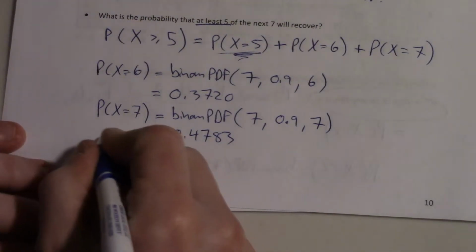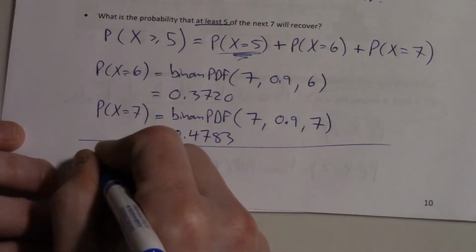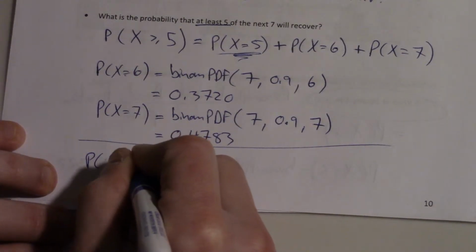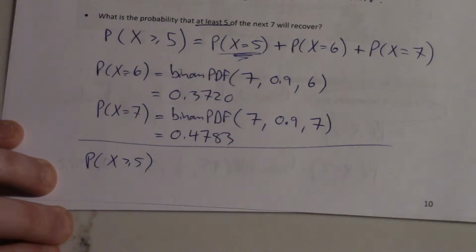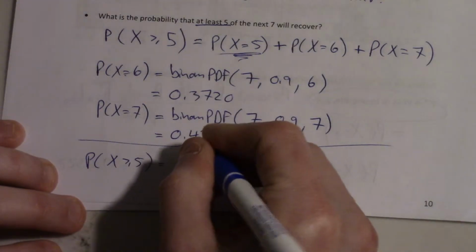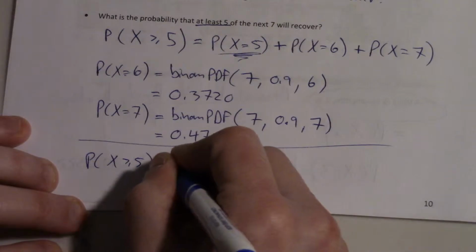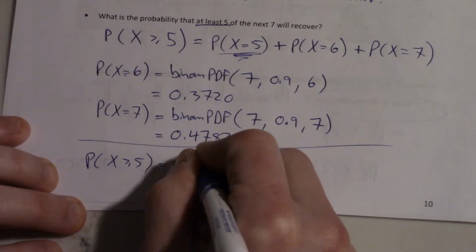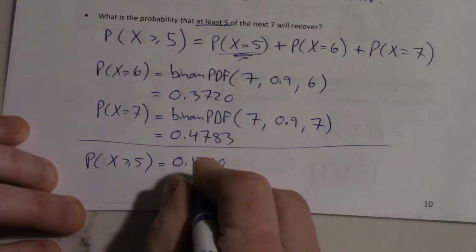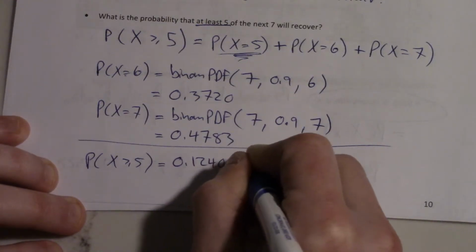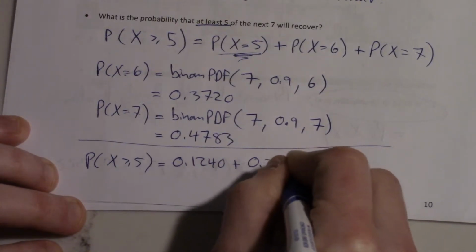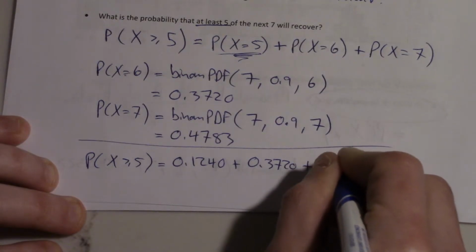So now we have to put this all together. We still want the probability that x is greater than or equal to 5, that at least 5 will recover. So we take the answer from the previous part, where x was 5, plus when x is 6, plus when x is 7.